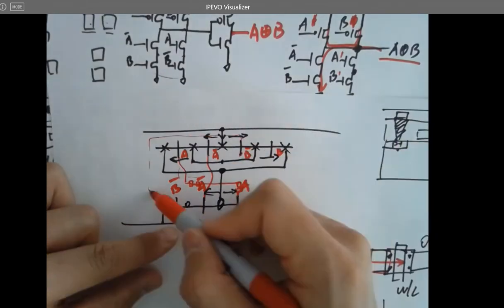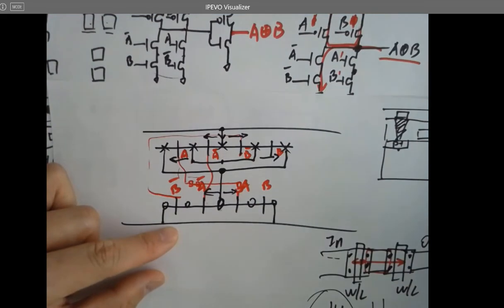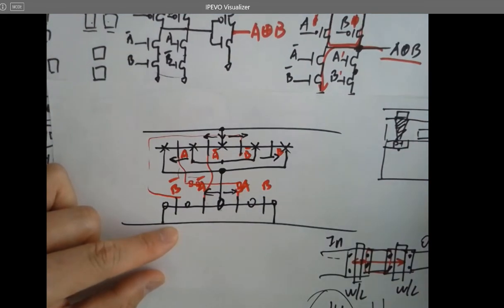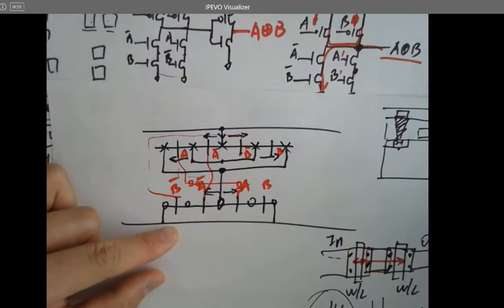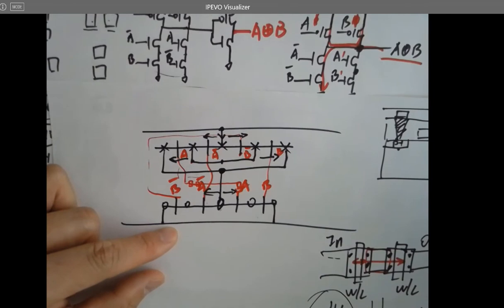Whatever you want to do, right? Just poly. Or you can drill a hole, get into metal 1, and make the connection. B, oh, that's easy. Poly. Done, right?